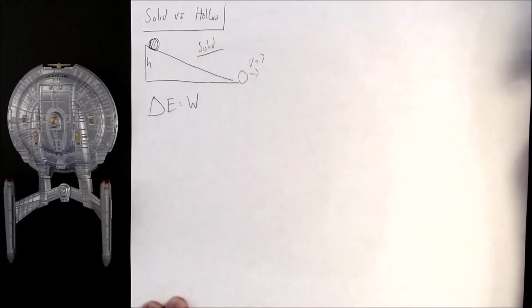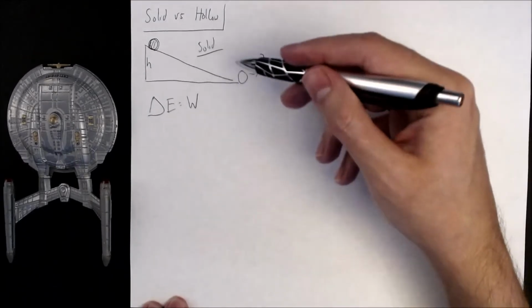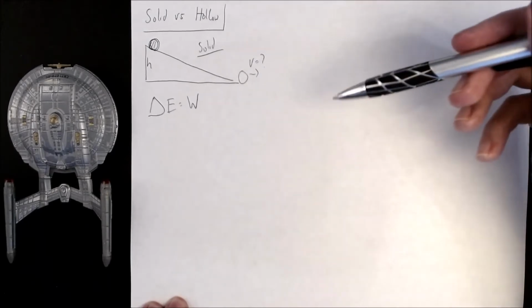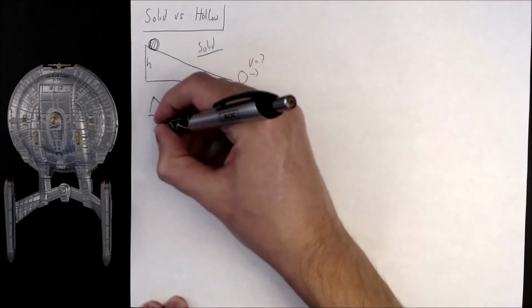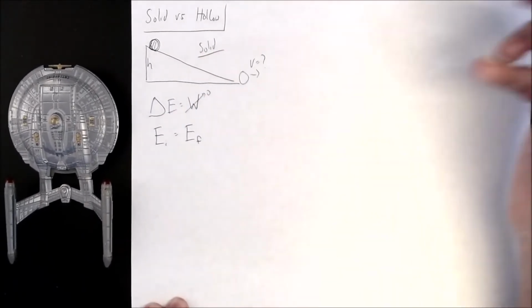Is there any work being done from outside? Well, not really. You know, this could all be happening without friction slowing it down. It could all be happening without an engine trying to speed it up, so there's no outside work. So energy initial is equal to energy final.